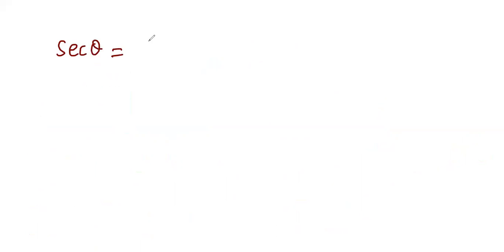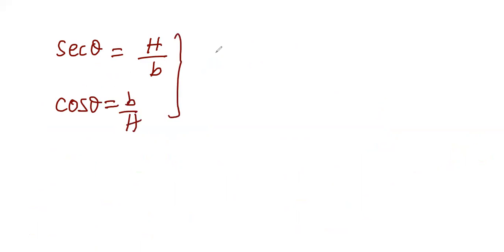Sec theta is equal to hypotenuse by base, and you know that cos theta is equal to base upon hypotenuse. So sec theta is the reciprocal, that is hypotenuse by base.